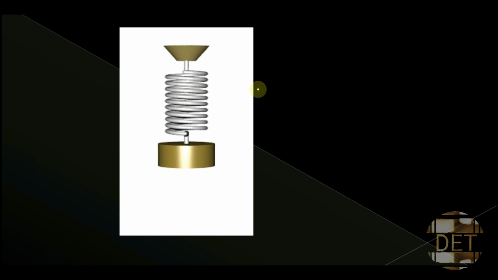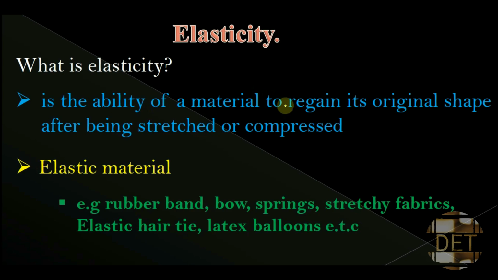So elasticity is the ability of a material to regain its original shape after being stretched or compressed. Materials that exhibit this property are known as elastic materials. Examples of such materials are rubber bands, valve springs, stretchy fabrics, elastic hair ties, and latex balloons.